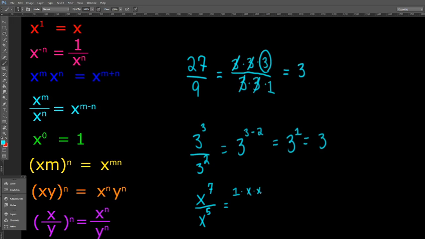But x, there's 3 x's, 4, 5, 6, 7. Okay, and then we've got x to the 5th power, so 1 times x, 1, 2, 3, 4, 5.